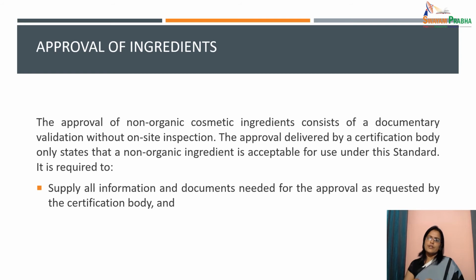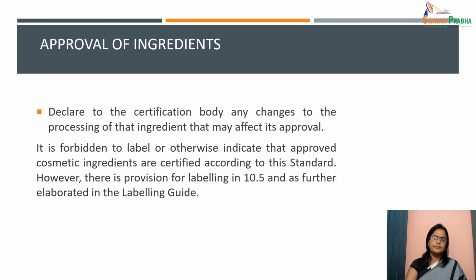Supply all the information and documents needed for the approval as requested by the certification body, and declare to the certification body that any changes to the processing of that ingredient may affect its approval. Any change. So one cannot change any ingredient from the list which was given earlier for approval. This cannot be tolerated, and it is not as per the Cosmos standard.